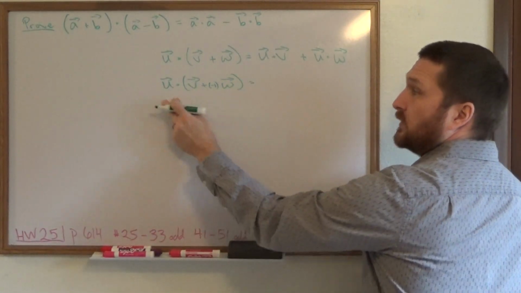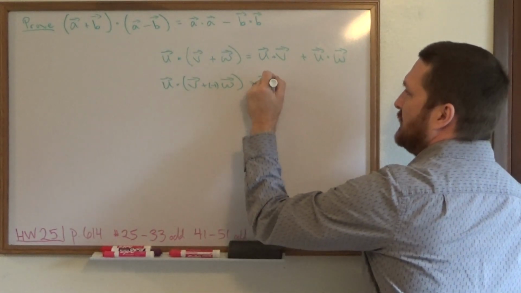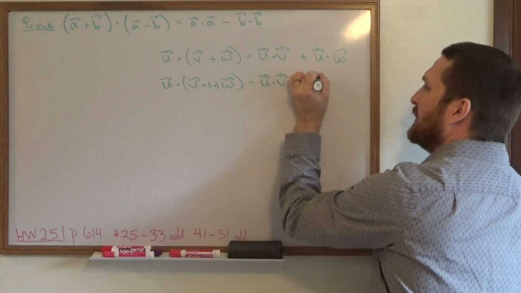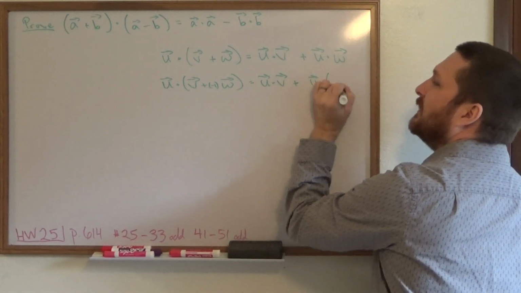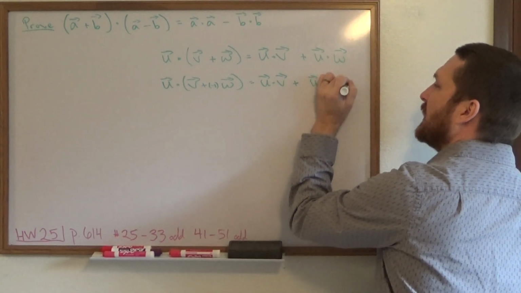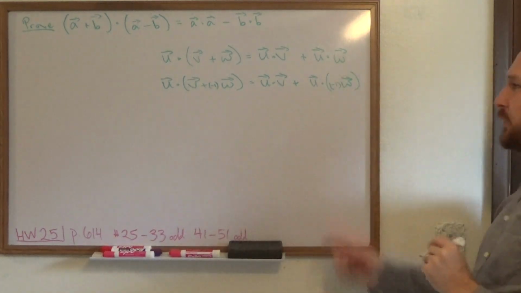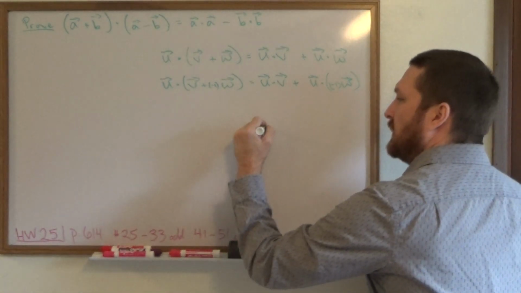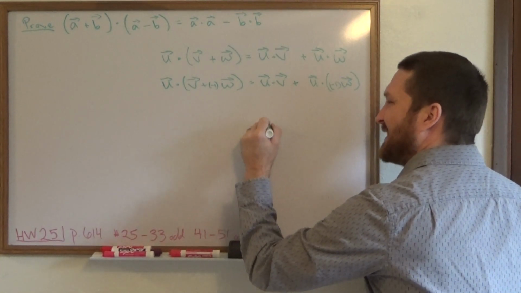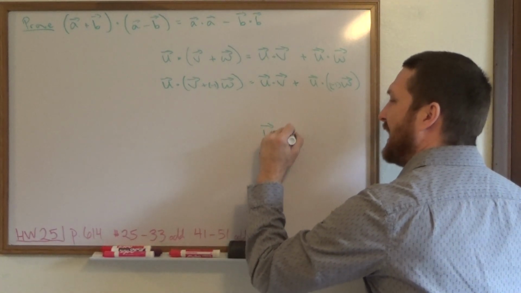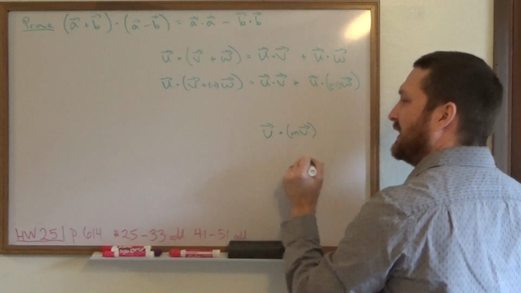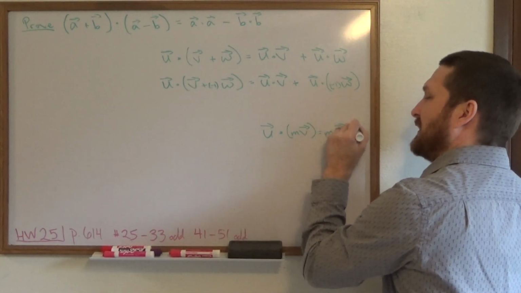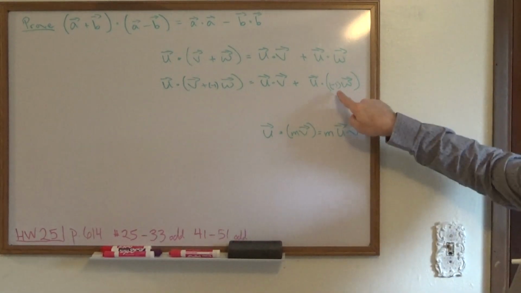And then our rule just tells us that's u dot v plus u dot negative 1 times w. But you've also proved, in one of the properties, that u dot mv is the same thing as m times u dot v, right? So there's no difference there.